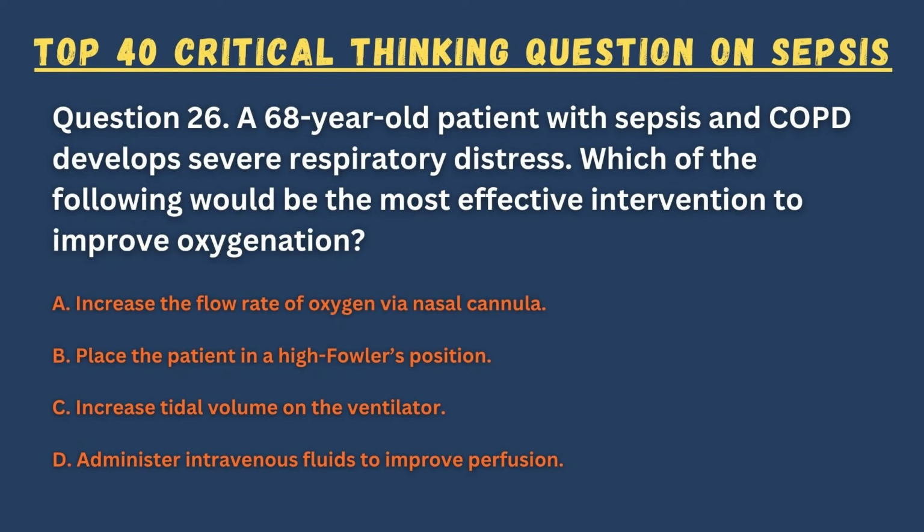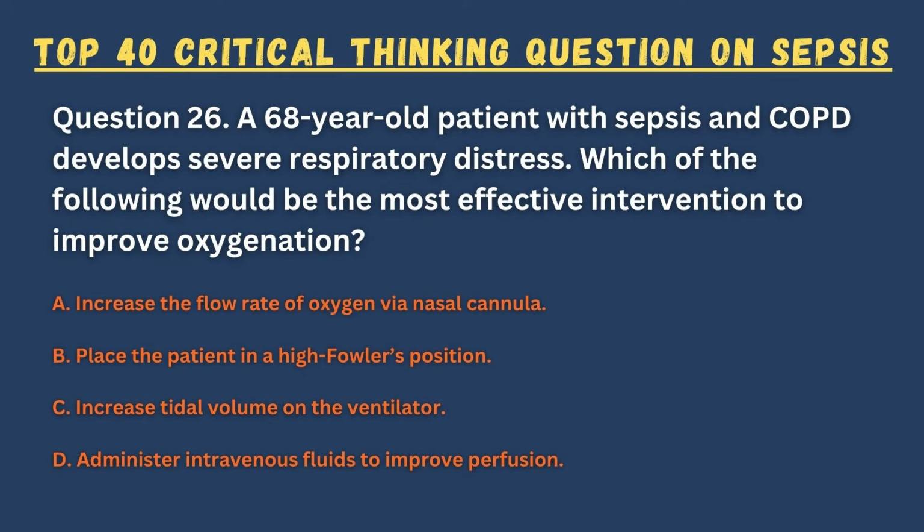Oxygen saturation and neurological function are also important, but secondary to circulatory monitoring. Question 26. A 68-year-old patient with sepsis and COPD develops severe respiratory distress. Which of the following would be the most effective intervention to improve oxygenation? A. Increase the flow rate of oxygen via nasal cannula. B. Place the patient in a high Fowler's position. C. Increase tidal volume on the ventilator.